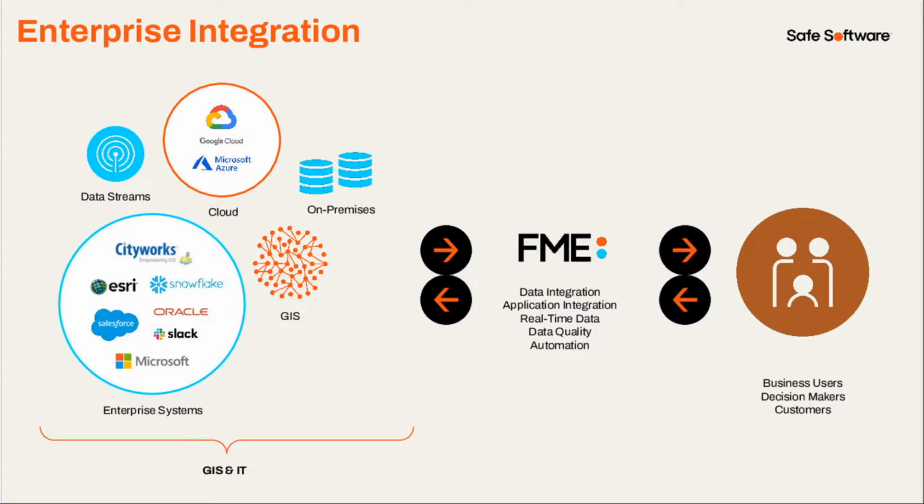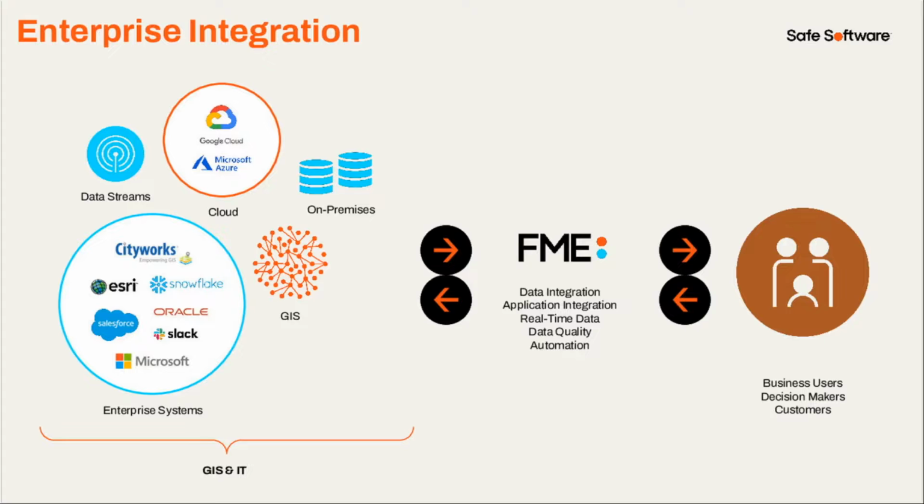Yeah. And let's talk about FME as an enterprise integration platform. So it's the only enterprise integration platform with comprehensive support for spatial data. That doesn't mean it's a GIS platform. It means that it's natively going to deal with spatial data along with all the other formats and systems and files that it can connect to.